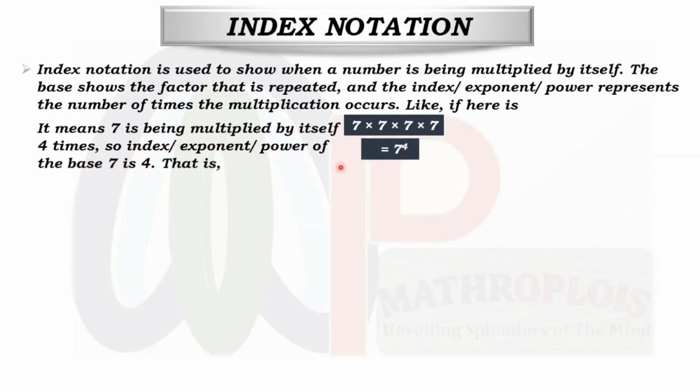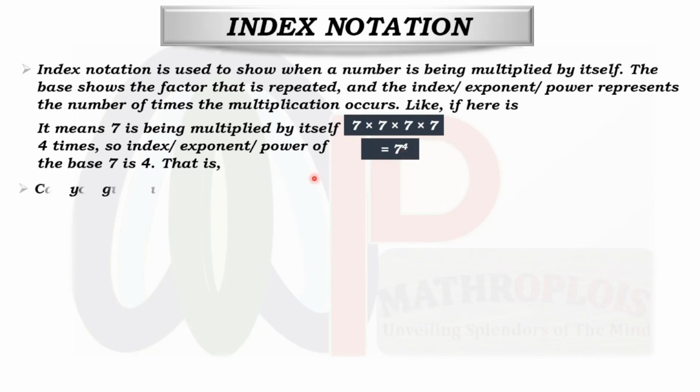That is equal to 7 to the power of 4. Here, 7 is the base and 4 is the power, exponent, or index. The power is written on the top upper corner of 7.